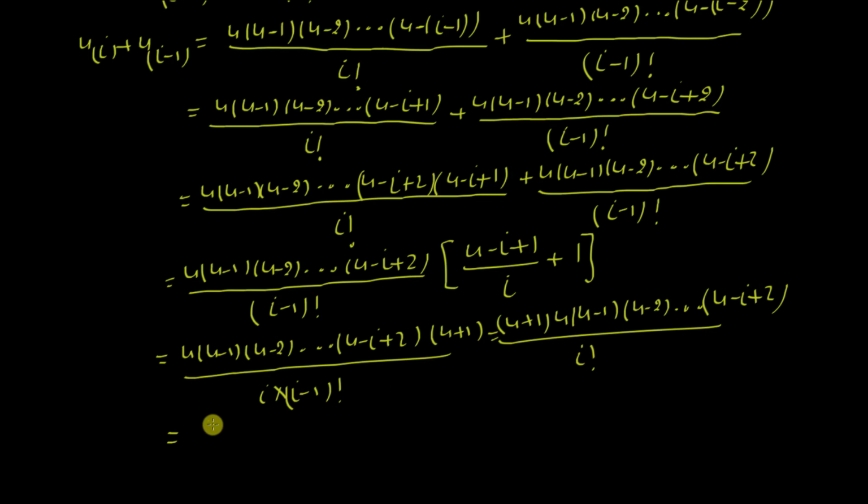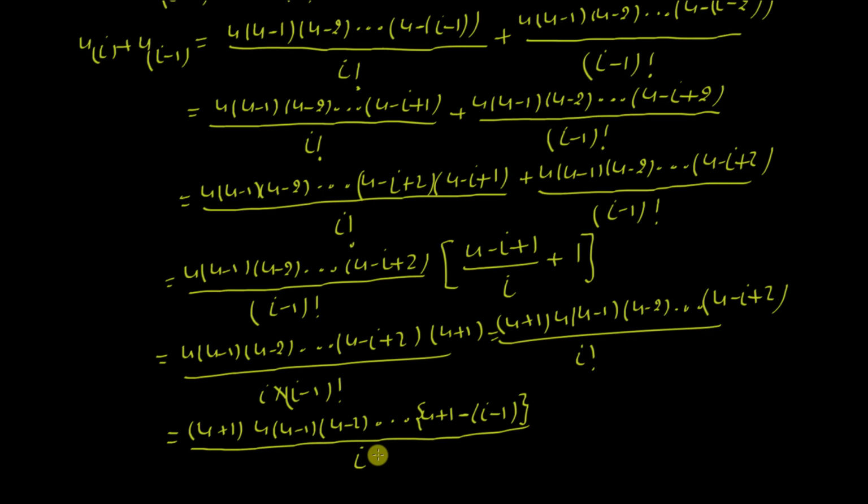So this further can be written as u plus 1, u minus 1, u minus 2 up to u plus 1 minus I minus 1, divided by I factorial.